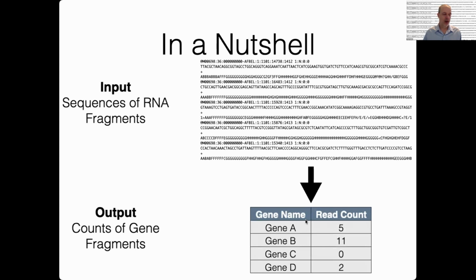Here is a toy table. For gene A, we saw it 5 times in the sample. For gene B, we saw 11 RNA fragments. For gene C, we didn't see any, and for gene D, we saw 2 RNA fragments.